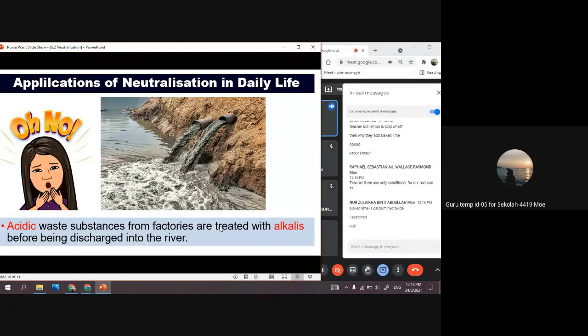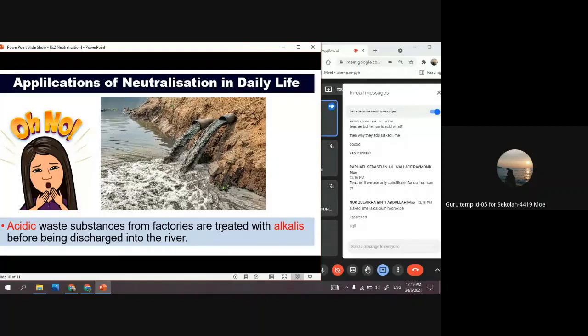Bahan buangan daripada kilang-kilang akan dirawat dulu dengan alkalis ni untuk neutralizekan dia, supaya bila dia buang dekat sungai, aquatic life will not terjejas sebab acid kan. So untuk elakkan bahan buangan tu acid, dia treated dengan alkalis.